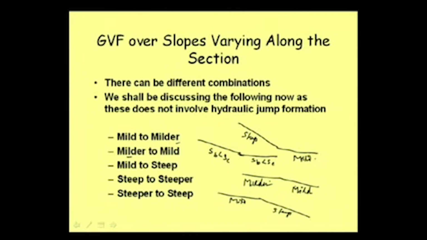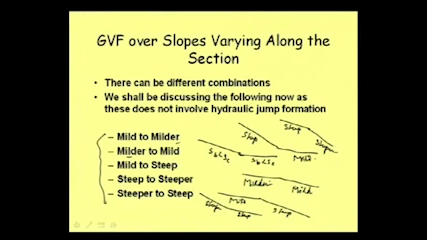Then we can discuss steep to steeper, a steep slope is coming like this and then it is becoming further steeper. And then we can discuss steeper to steep, that means it is otherwise also steep and still it is becoming steep, but this is steeper and this is steep.